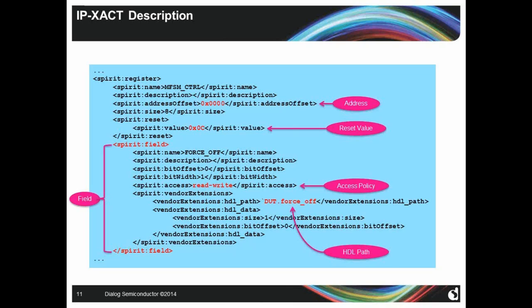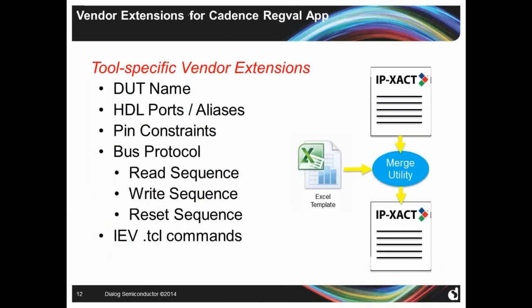So vendor extensions become a bit of a dumping ground, and I think Cadence have tried to address this by having a merge utility. You would take tool-specific vendor extensions for the formal register validation approach, such as the constraints we need to apply around the DUT, the sequences that we need to create to describe the bus protocol access, and any DUT-specific Tcl commands for the formal tool, and bundle those up into an Excel spreadsheet, for which the vendor provides a template.